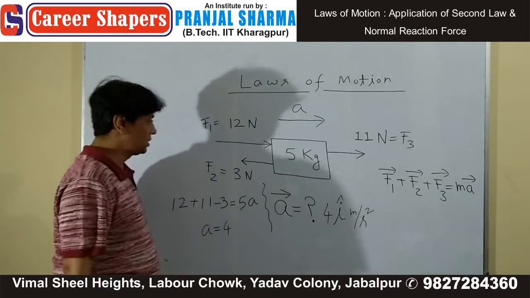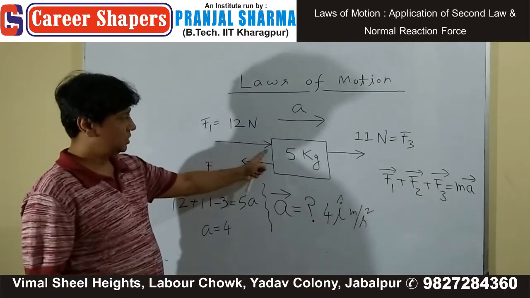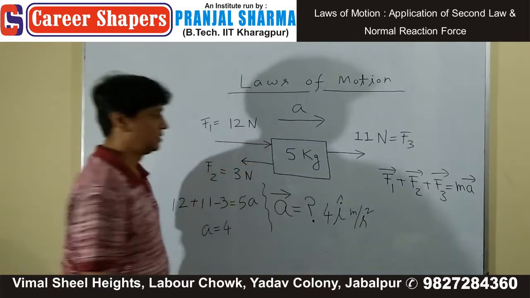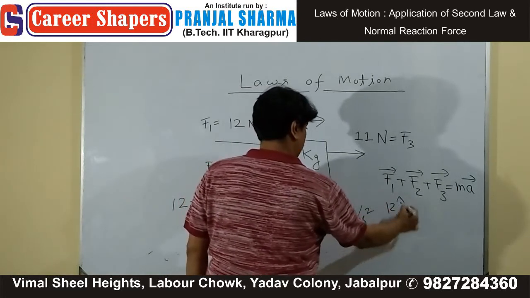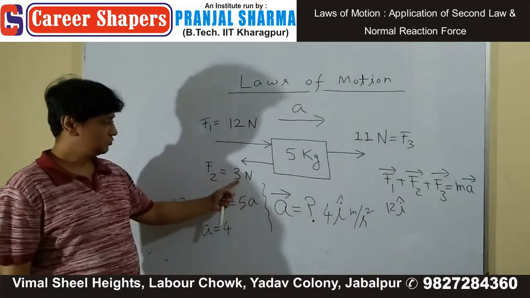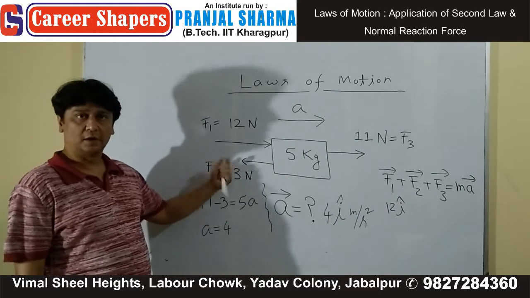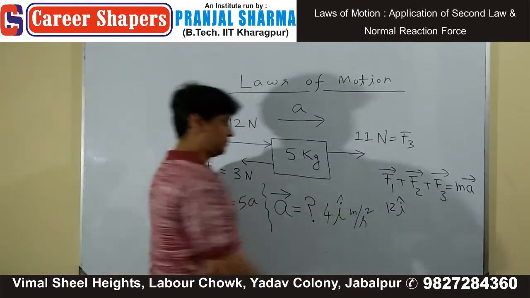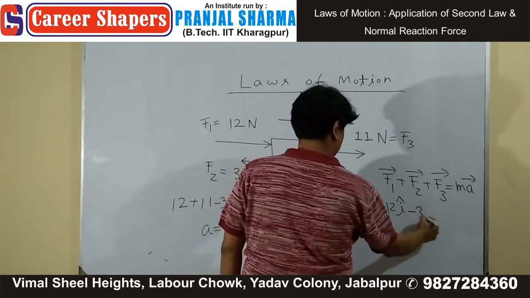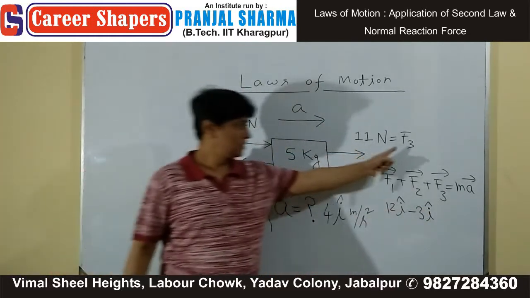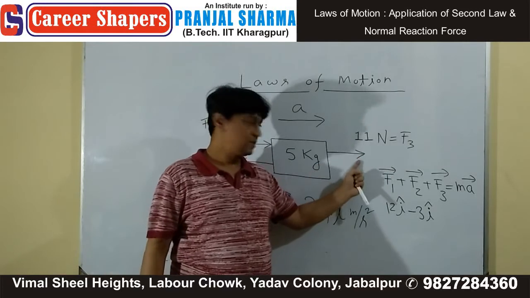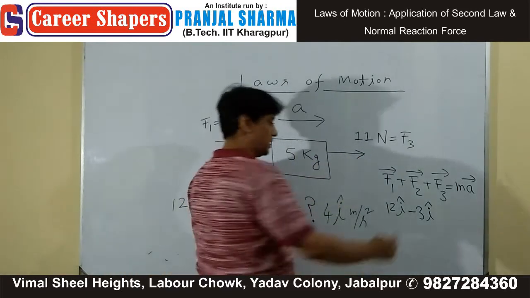And then do what? F1, look at the arrowhead, 12 I cap. F2, 3, look at the arrowhead, minus I cap. F3, 11, look at the arrowhead, I cap, 11 I cap.